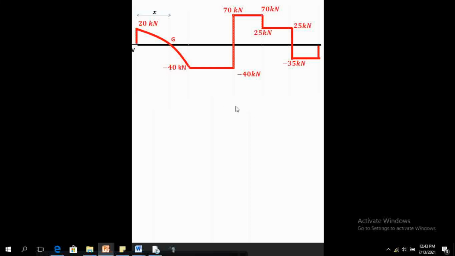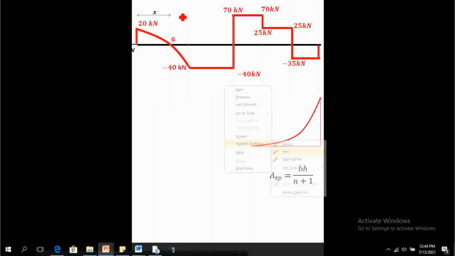Now, I would like to introduce to you yung tinatawag nating spandrel. Okay. A spandrel, the area of a spandrel, as discussed during your geometry, that is equal to base times height over n plus 1. Ano yung n? Itong n na to, that is the degree of your curvature. Pansinin niyo, ang spandrel ay itong part na to.